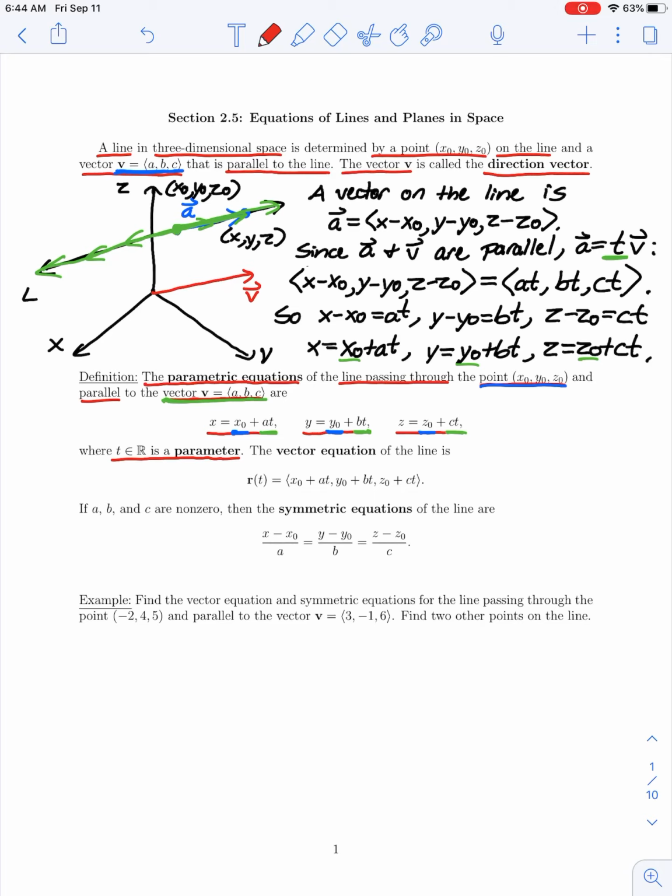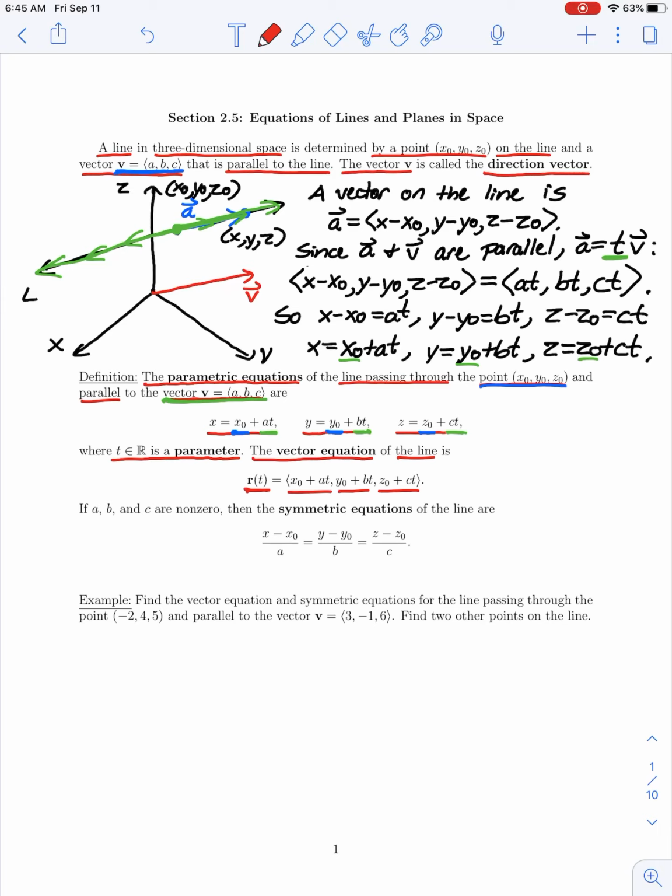Now, another way that we could express this set of equations for a line is as a single vector equation. We would say the vector equation of this line is given by the vector r of t, whose first component is x naught plus at, the second component is y naught plus bt, and the third component is z naught plus ct.